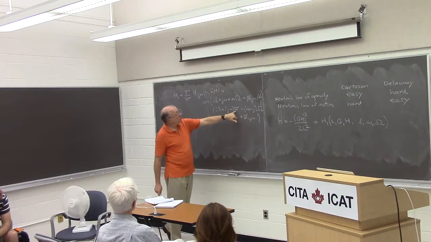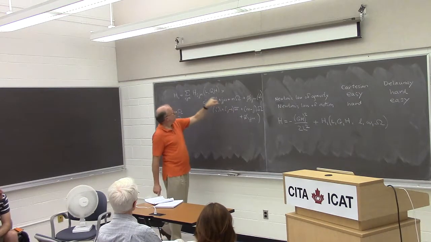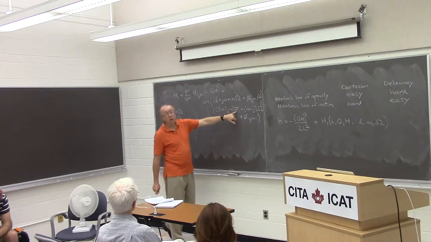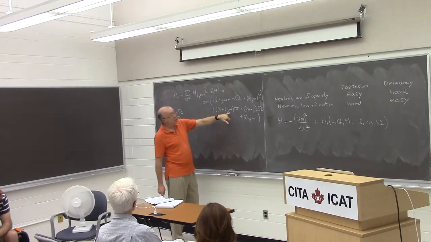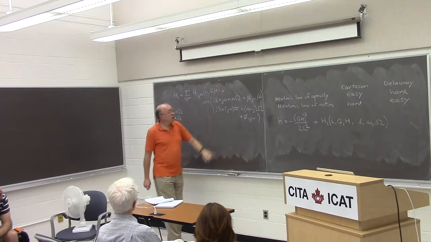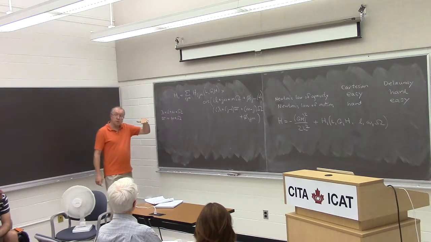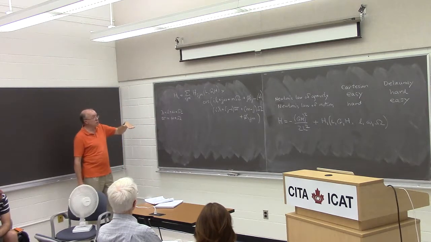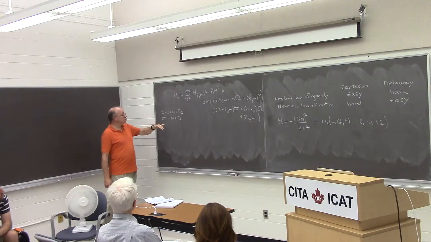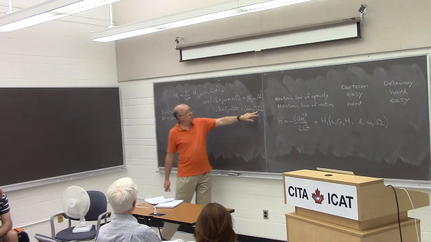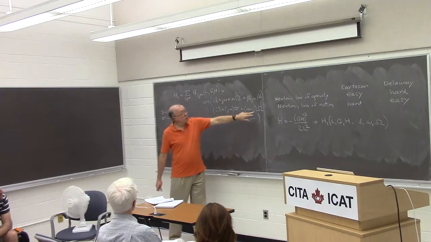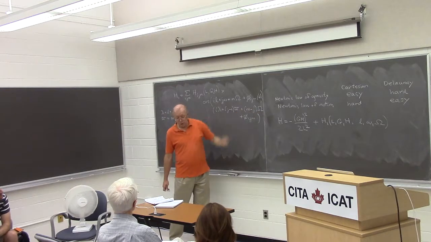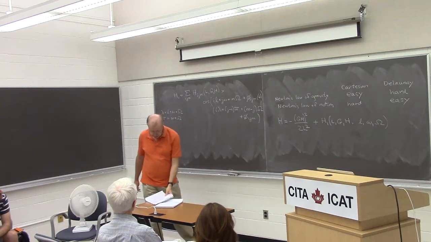So the Hamiltonian can't depend on this. So J has to equal I. Similarly, if the orbit has no inclination, even if it's eccentric, the node isn't defined. So it can't depend on this coefficient. So M minus J has to equal 0.